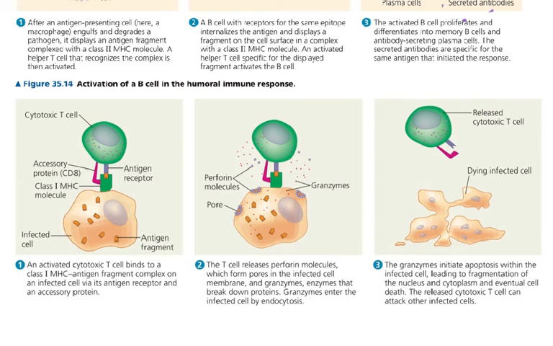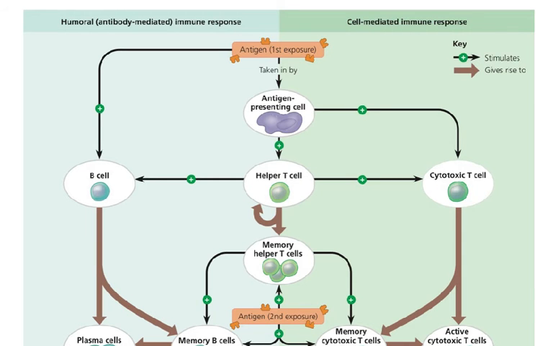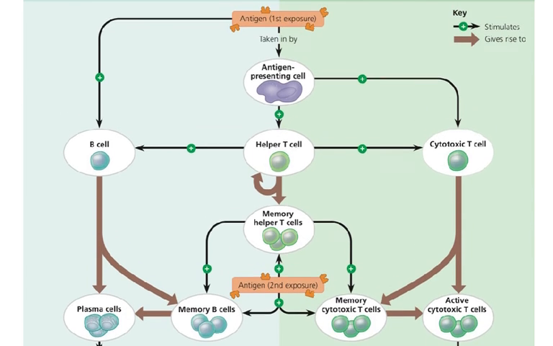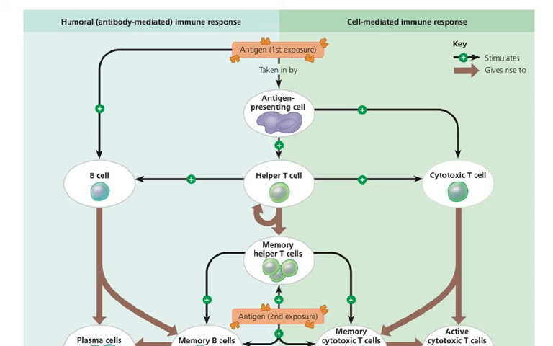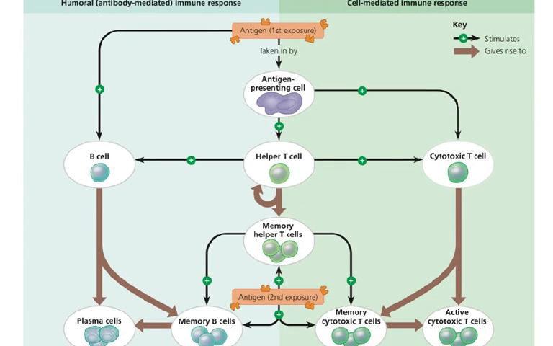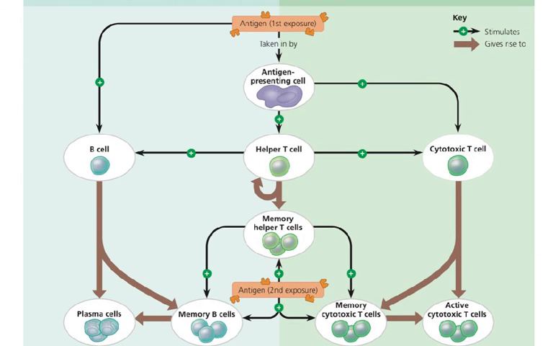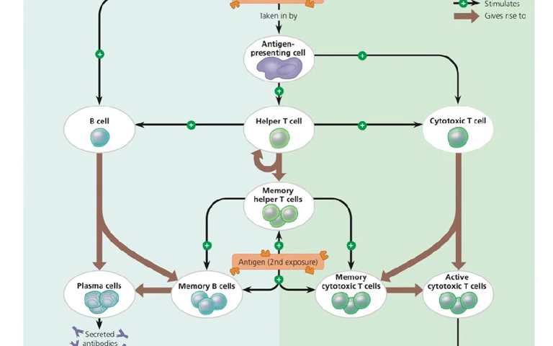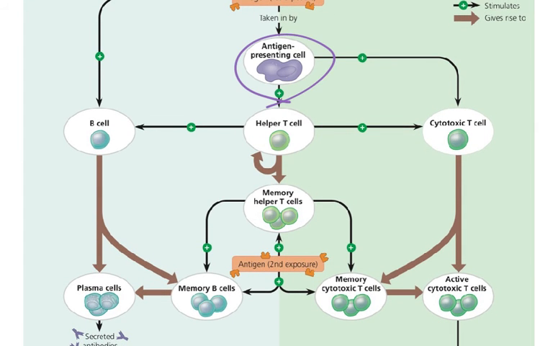So this is basically a review of everything that we've just gone over. So we've got humoral immunity and cell-mediated immunity, and so you're going to have an antigen, and it's going to be taken up by an antigen-presenting cell. This antigen-presenting cell is going to activate a helper T cell, and it's also going to activate the cytotoxic T cell.